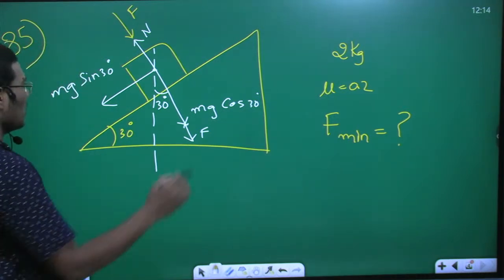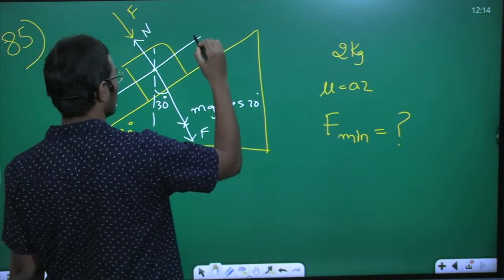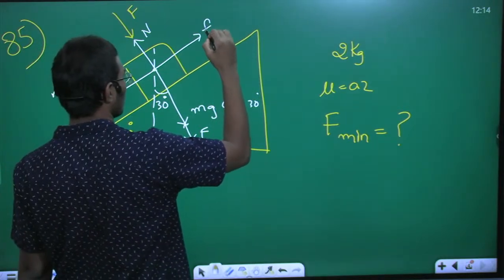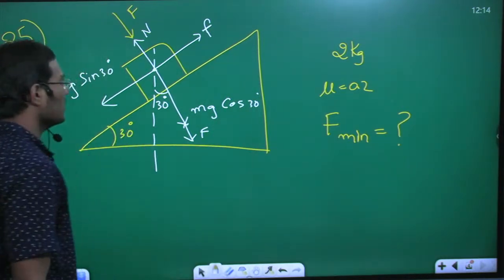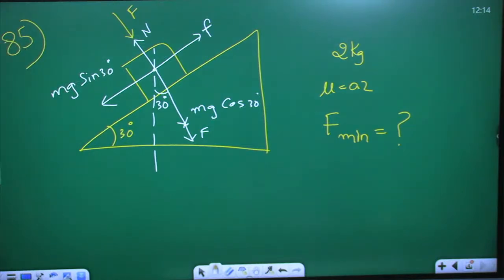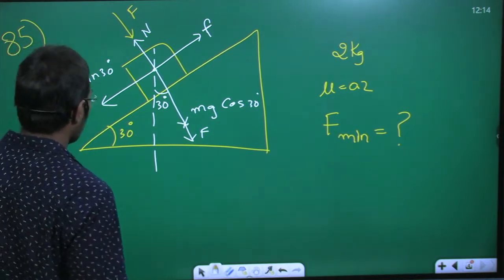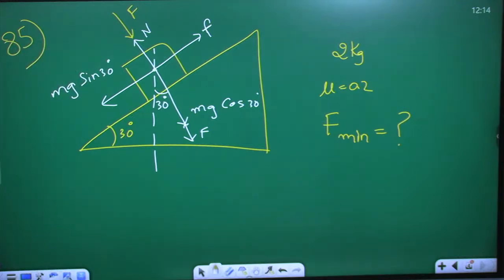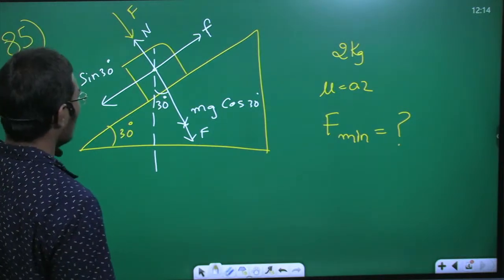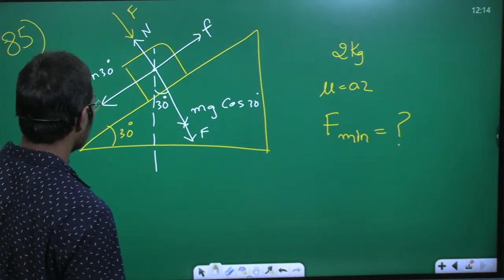Yes, we have friction force as well, that is acting opposite to the direction of motion as the block is trying to slide down. Okay. So we need force F so that the block should not slide down. That's our main target.